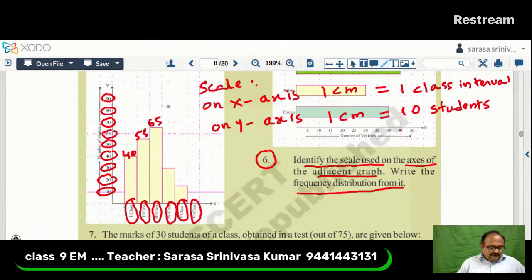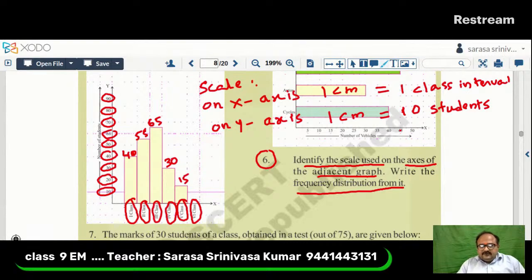Next third class, it is in between 60 and 70, that is 65 students. Next class 4 is 30 students. And next fifth class is in between 10 and 20, so it is 15.